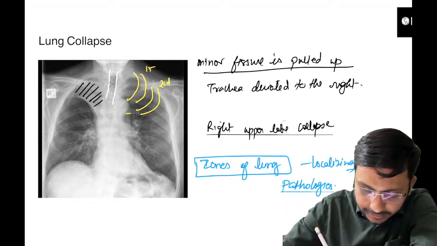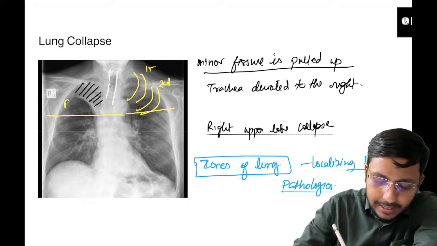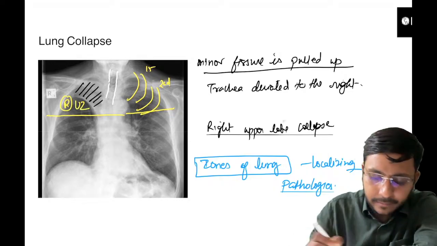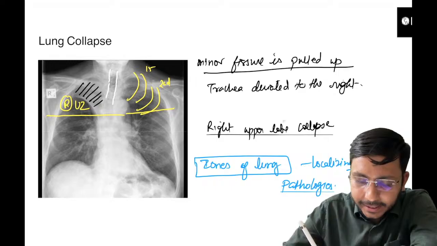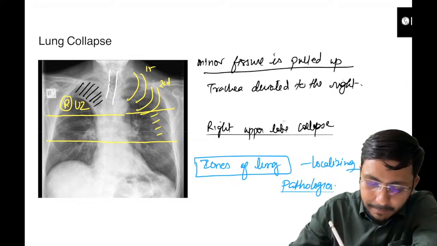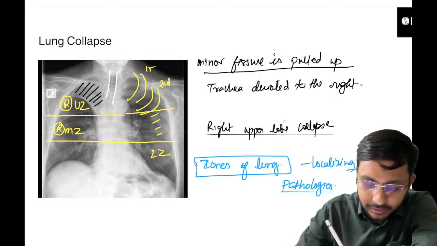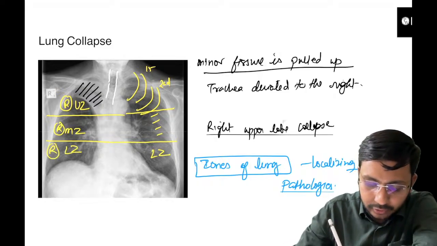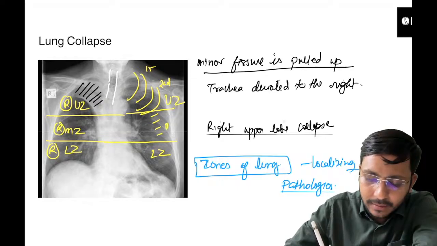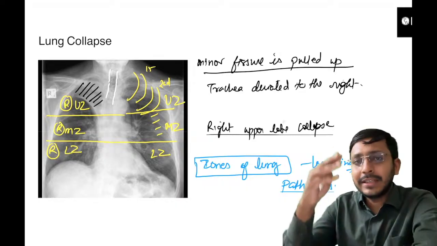So till the second rib, this is our right upper zone. Now from second to fourth, this is the third, this is the fourth. Till here, this is the middle zone. And below that, we have the lower zone. So upper zone, middle zone, and lower zone. This is how we divide the lungs into three zones.